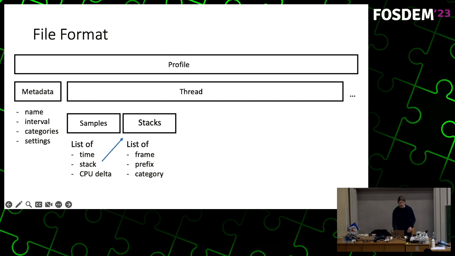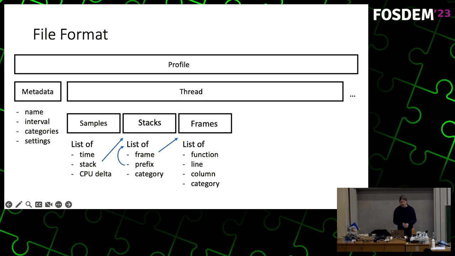Then the stack is not really the stack, but an index into the stack array, and this contains a list of stacks, where each stack is just a frame, a pointer to the previous stack, like the top frame and then the previous stack, so it points back, and then the category. Of course the frame is an index into the frame array, and that contains the function line, so what you need for a frame.